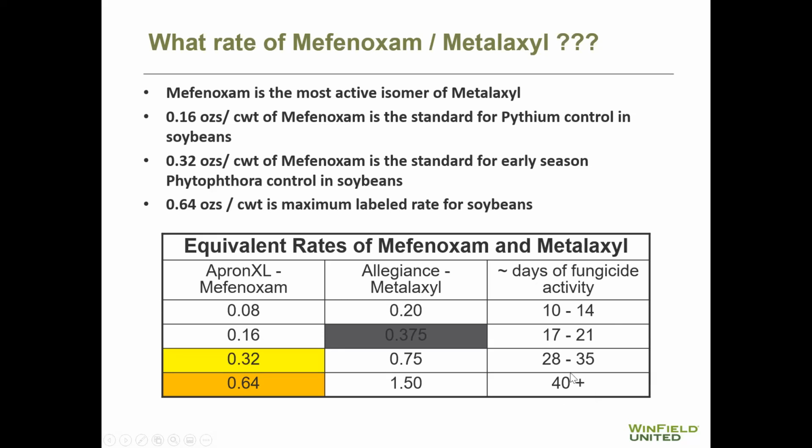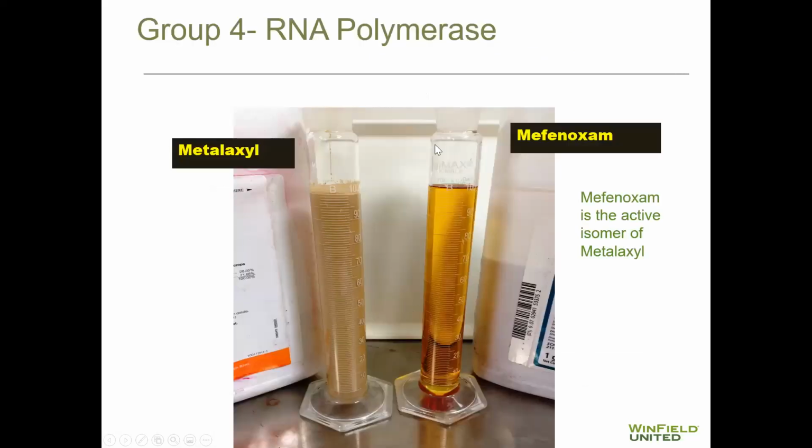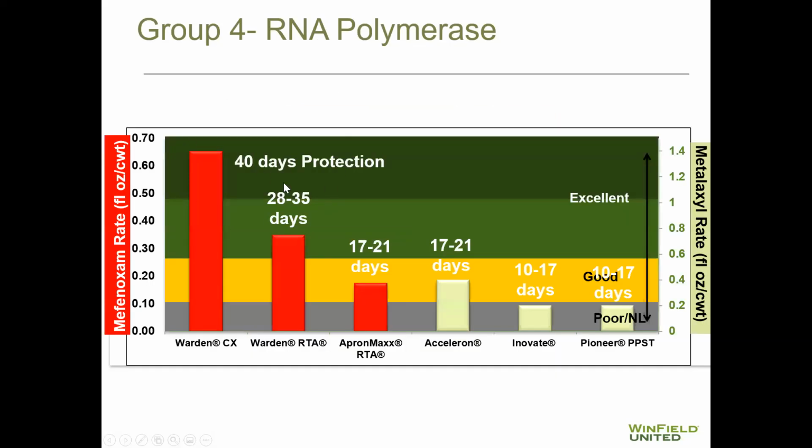Now, the reason this is so important is it helps us get a lot better control of Phytophthora, which tends to infect a little bit later than some of these other diseases. Methanoxin is also much easier to work with, and it does provide us with a lot better control at that higher rate. Okay, so here's our rate of these various active ingredients here. And you can see that with that Warden CX, we are getting about 40 days of protection.